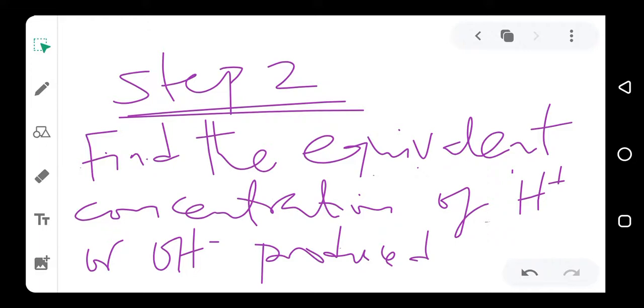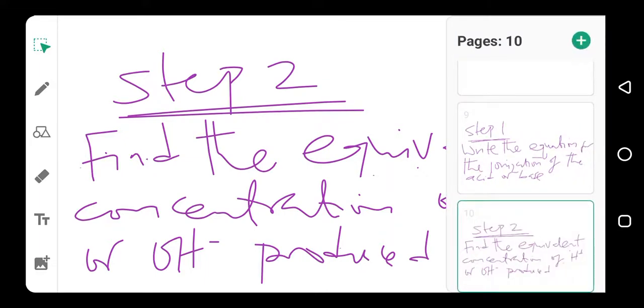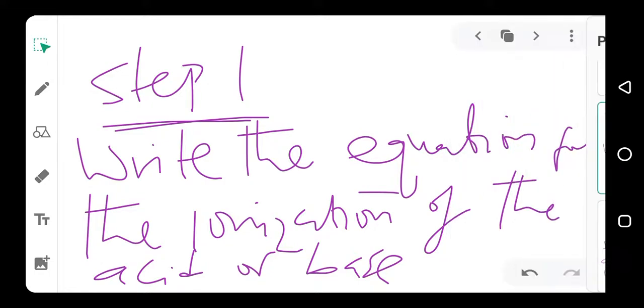And for us to do that, we use the equation for the ionization. We write the equation for the ionization and then compare the two in order to find the equivalent concentration of the hydrogen or hydroxyl ion.